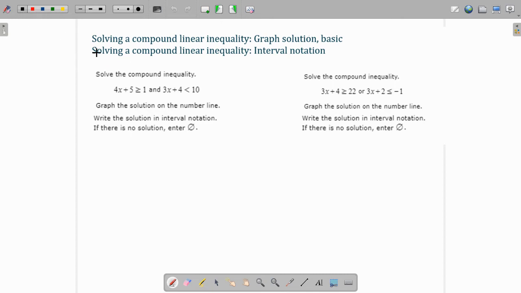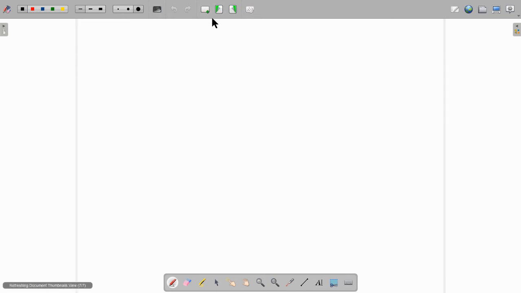Okay, I'm going to drop back and give you a couple of notes, but we're combining two topics into one because they want us to graph our solutions and then write them using interval notation. So we just combine these two topics together. Let's say you get x is greater than 5.